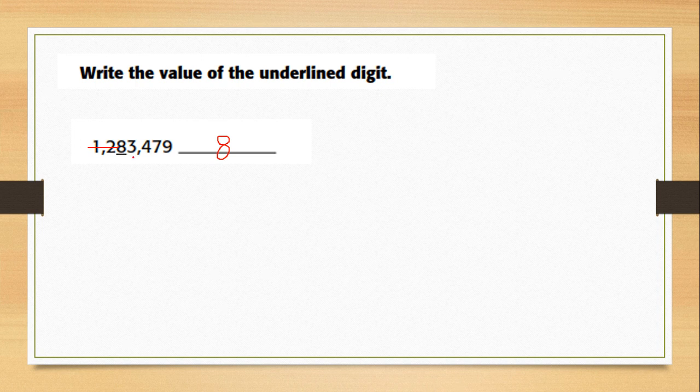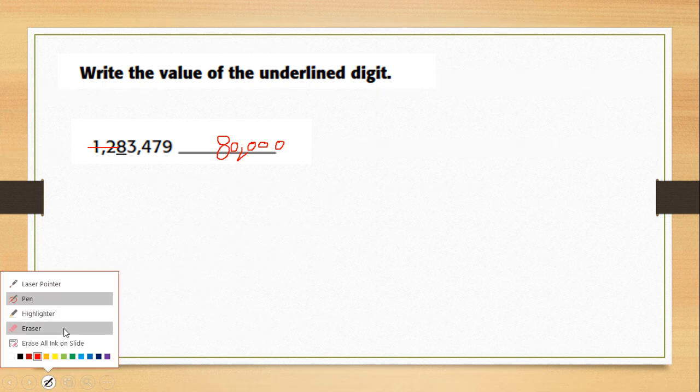Then count how many digits before 8. Let's count to know. 1, 2, 3, 4. So we have 4 digits. Just replace these digits with zeros. Let's see how. So the value of 8 here is 80,000.